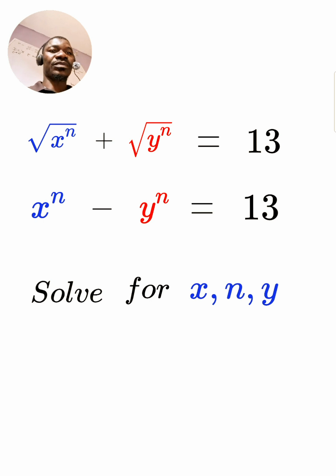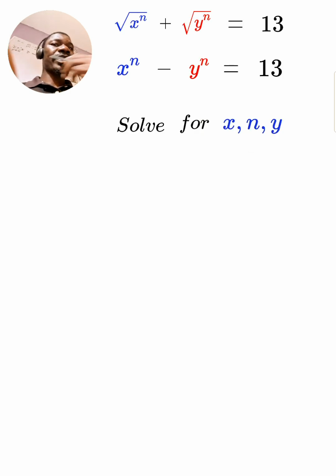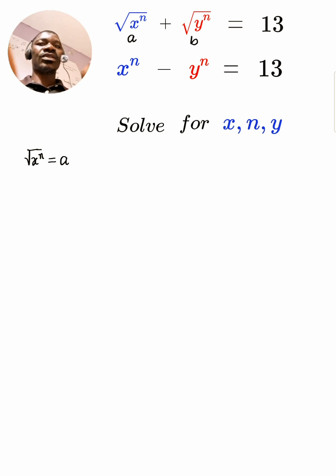So let's get started. To make it easier, I want to make the whole of this a and the whole of this b. So let's write here that this is a and this is b, and take note, if the square root of x raised to n equals a, it implies that x raised to n will be a squared.